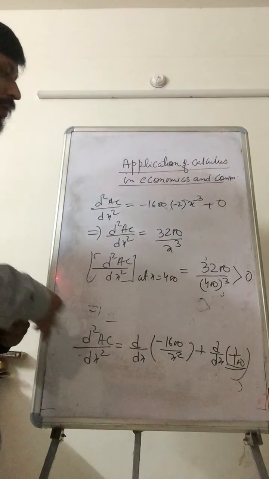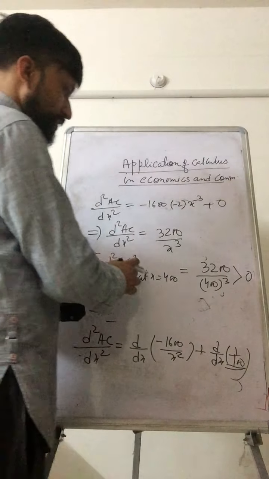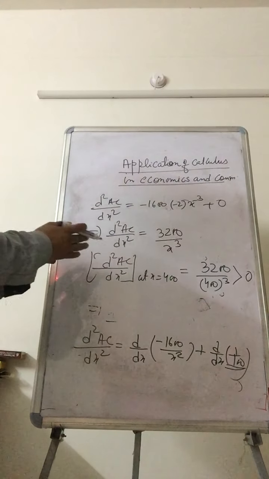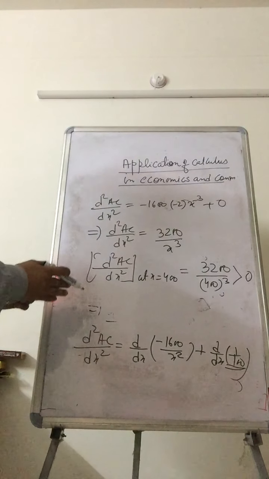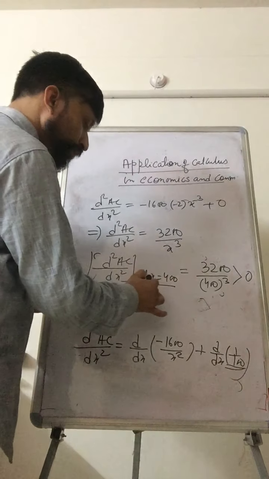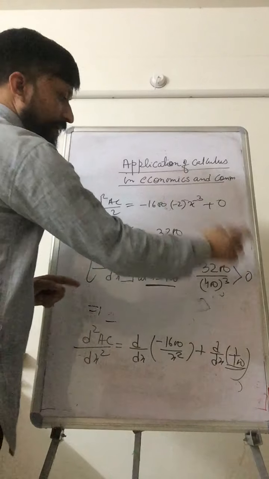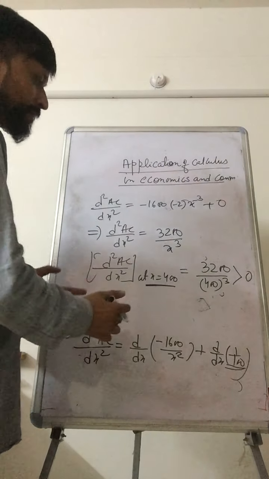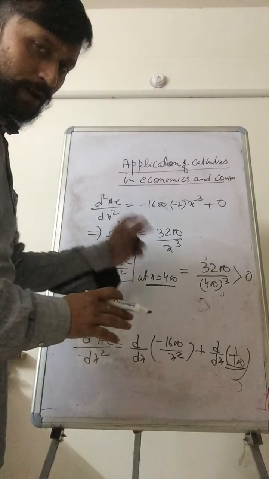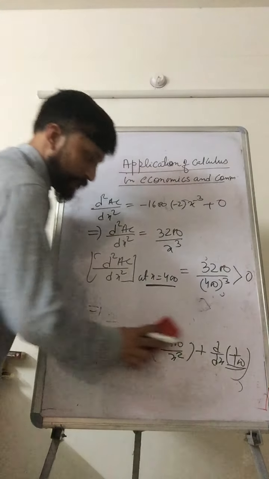If the second order derivative is more than 0, that means the cost will be minimum if the company produces 400. It is minimum when this is greater than 0, and maximum when the second order derivative is less than 0. You have to remember these 2 points when you want to find maximum or minimum production.